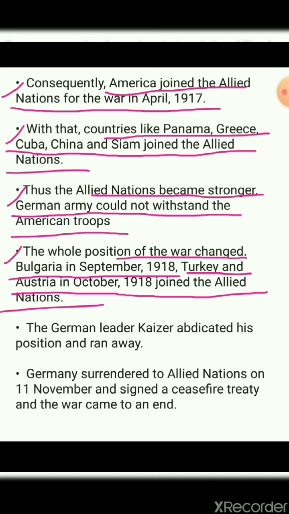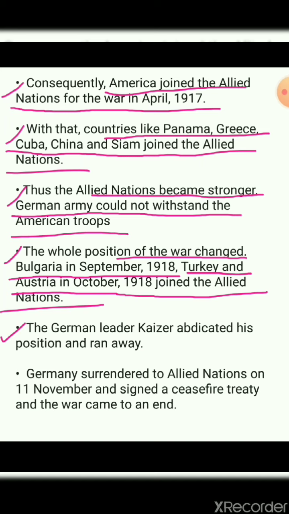Greece, Panama, Cuba and China all joined the Allied nations, and it did not stop there: Bulgaria, Turkey and Austria joined too. Now more groups were seen in the Allied nations.